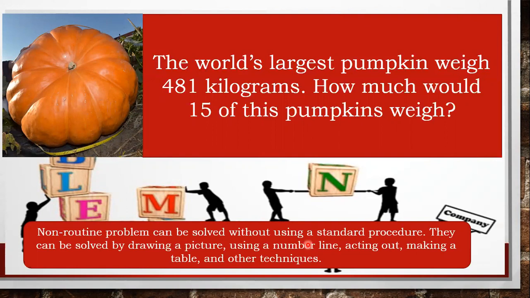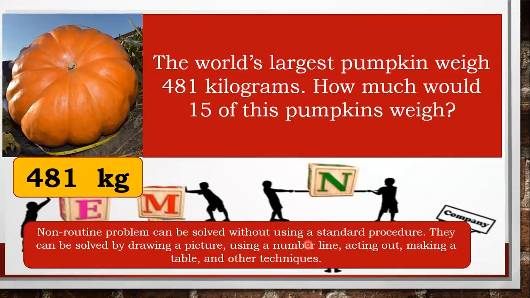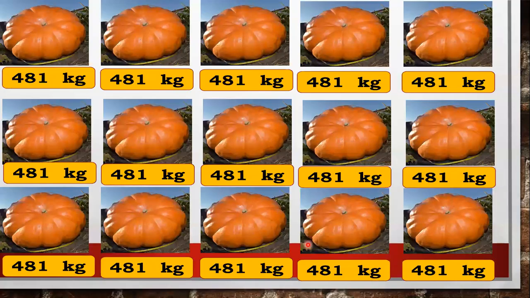In here, we can use a picture. Since we know that the largest pumpkins weigh 481 kilograms and there are 15 pumpkins, we can represent it like this.